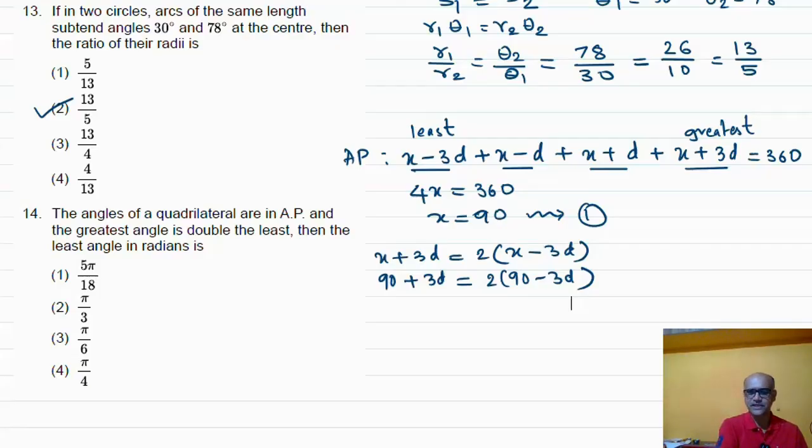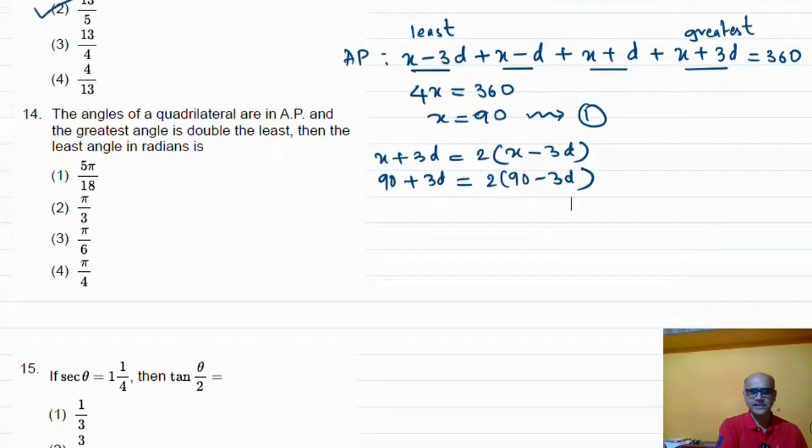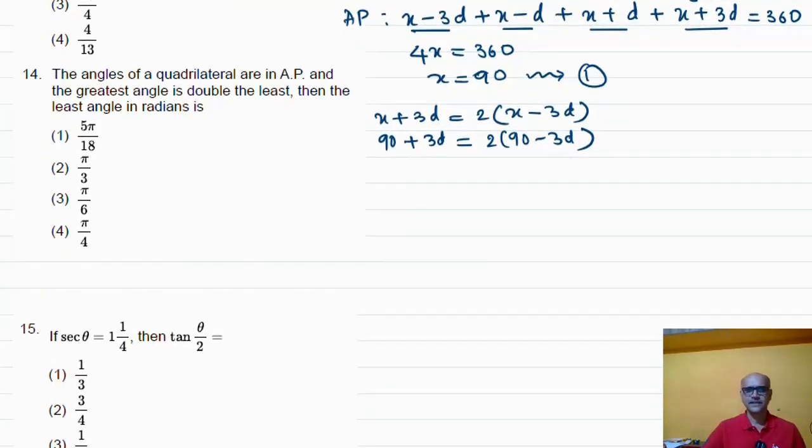Simplify, and I get the answer. If I multiply, 90 plus 3d is equal to 180 minus 6d. Taking this to this side, 9d is equal to 90. So I will get d is equal to 10.